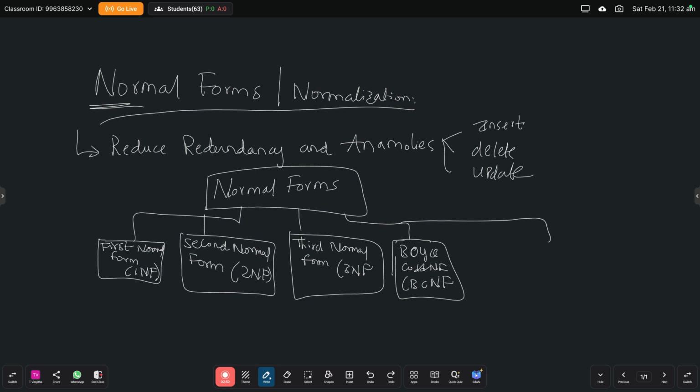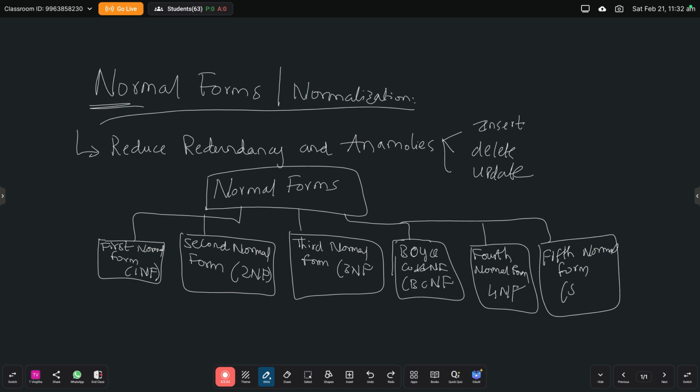Write down the headings properly. Next is fourth normal form, also called 4NF. And the last one is fifth normal form, also called 5NF.